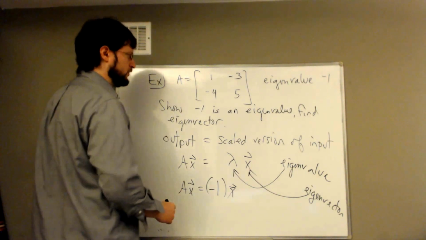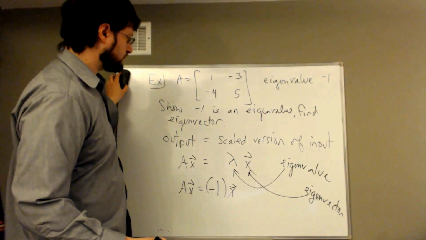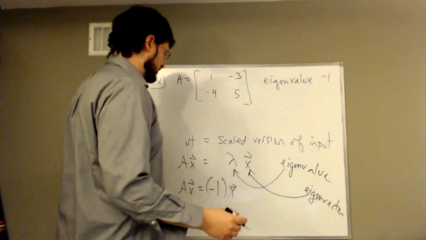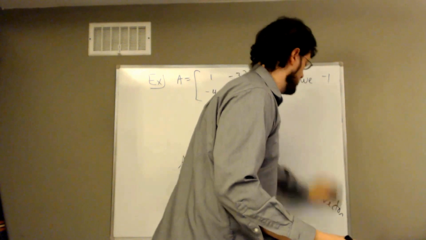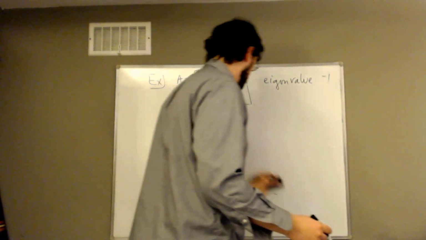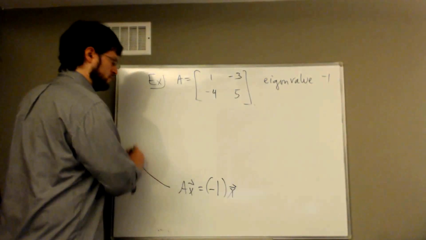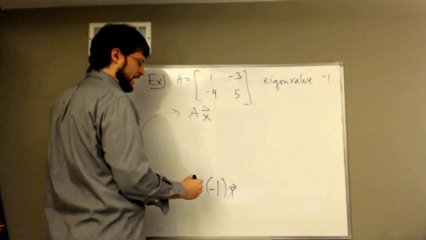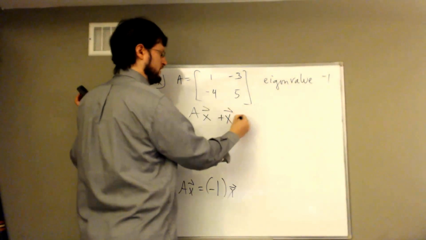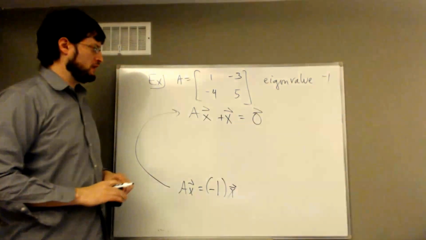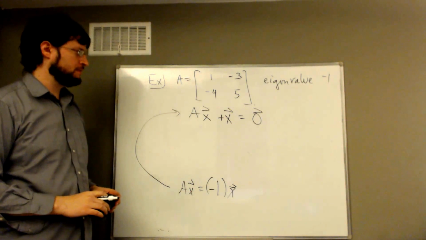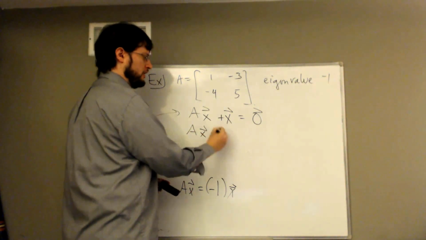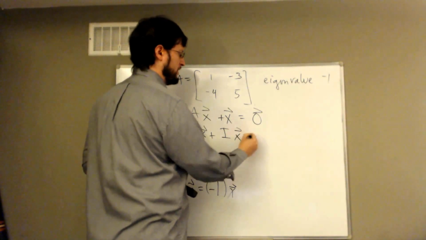So we're going to do a few tricks here. Keep my matrix and my eigenvalue. We're going to do a few tricks and see what we can do to solve this. I'm going to bring this over to the left, and that becomes Ax plus x is the 0 vector. So I just put everything on the left. I'm going to notice that x as a vector is just the identity matrix times x.